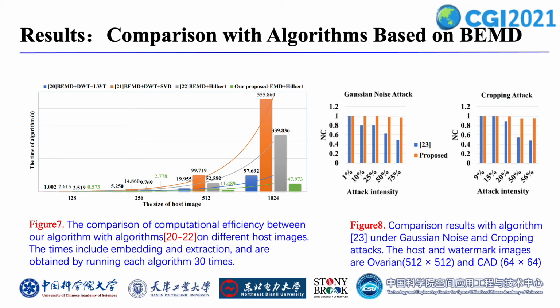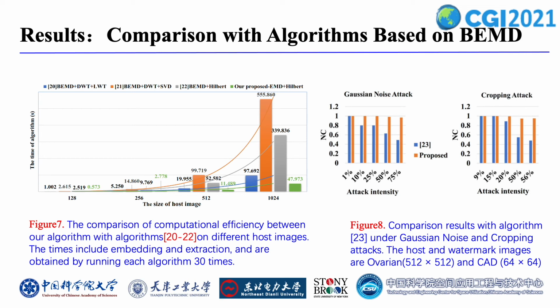When the size of the original image is 1024, the time is about 97 seconds for algorithm 20, and our algorithm takes only 47 seconds. This shows that our algorithm is very efficient.